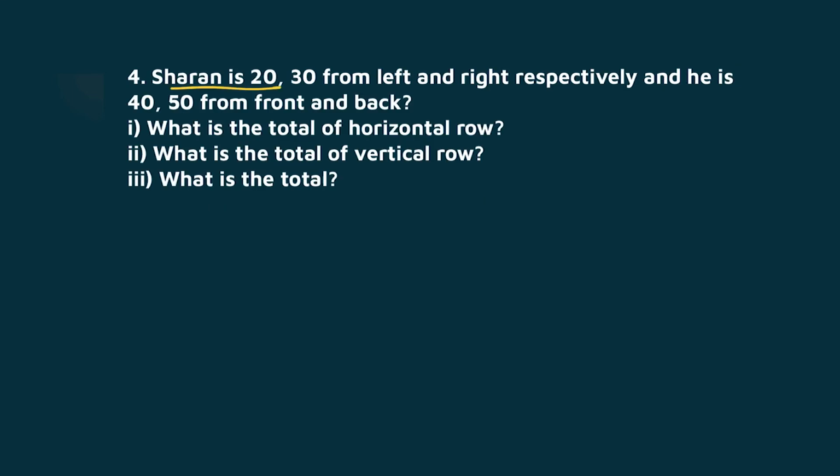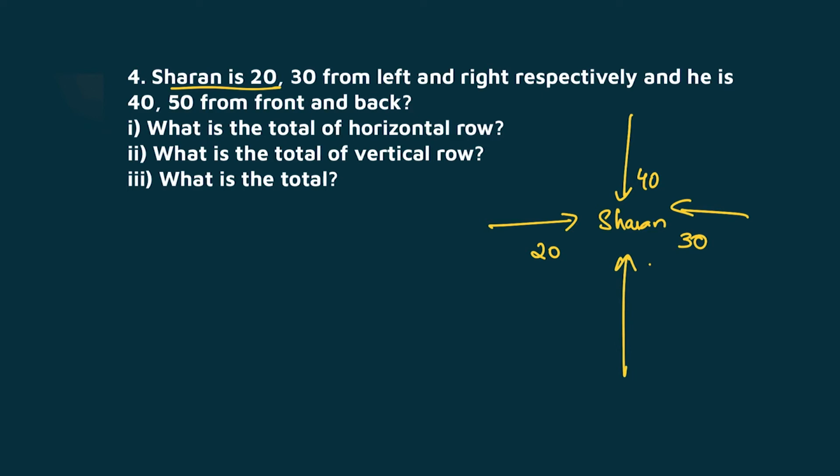Sharan is 20 and 30 from left and right, and he is 40 and 50 from front and back. Here is a person called Sharan, and he is 20 from left and 30 from right, and when counted from front, he is in 40th position, and from back he is in 50th position.